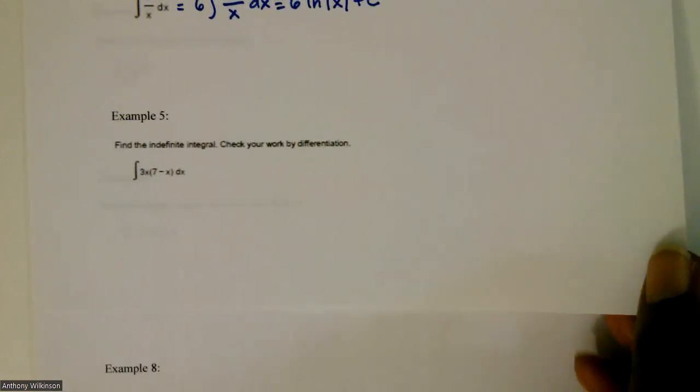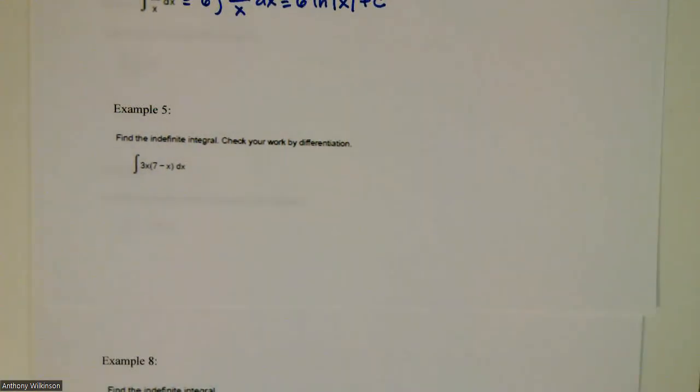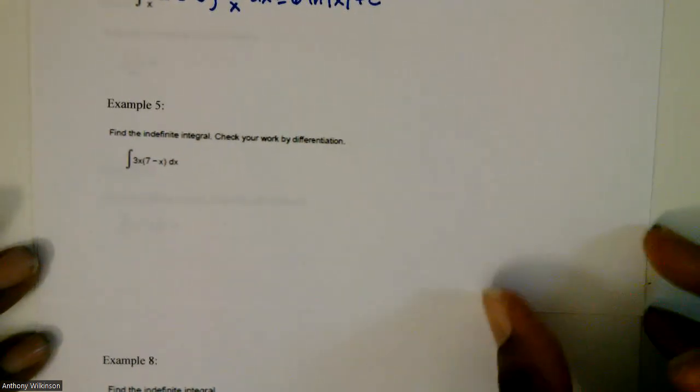Okay. Let's say I want to find this indefinite integral, and let's say I want to check by using differentiation. In this case, I've got the integral of 3x times the quantity 7 minus x dx. First, we have to simplify 3x times the quantity 7 minus x by using the distributive property.